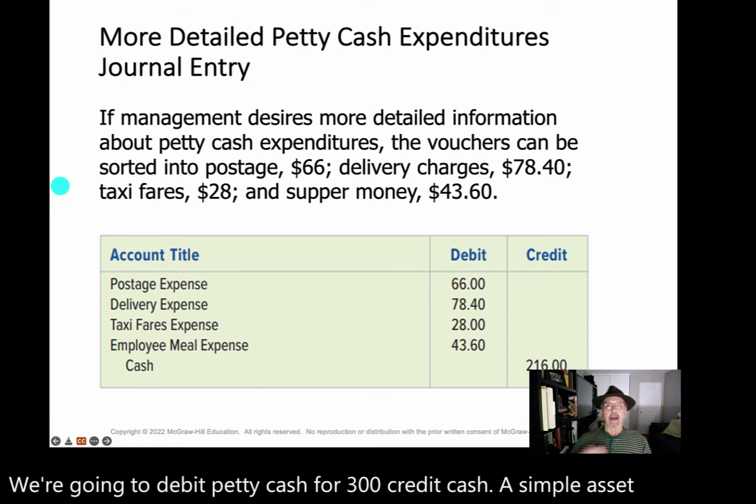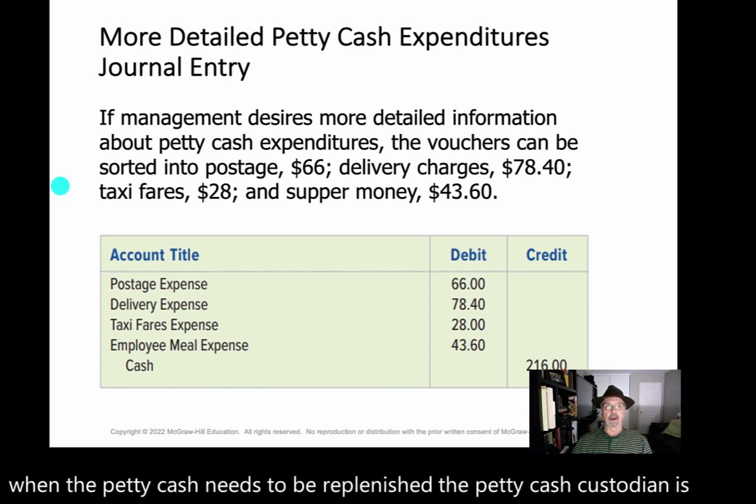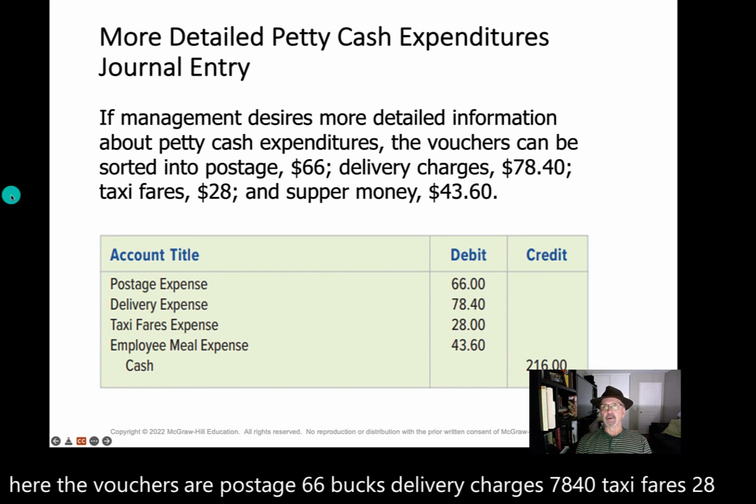Now, when the petty cash needs to be replenished, the petty cash custodian is going to put everything together and make a check request. In our case here, the vouchers are postage, $66, delivery charges, $78.40, taxi fares, $28, and supper money, $43.60.